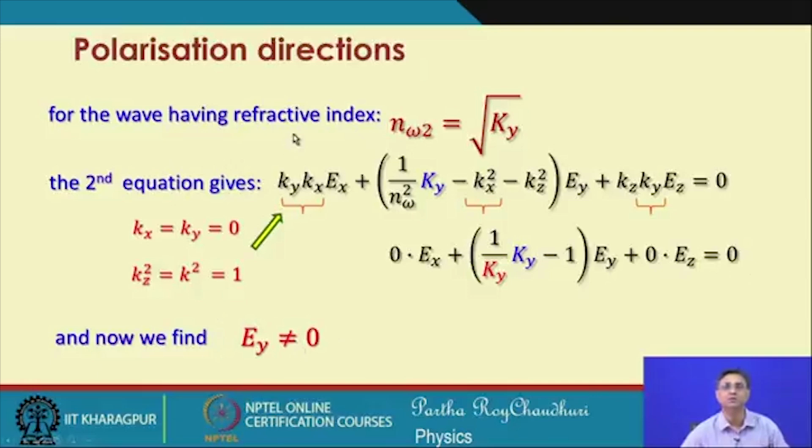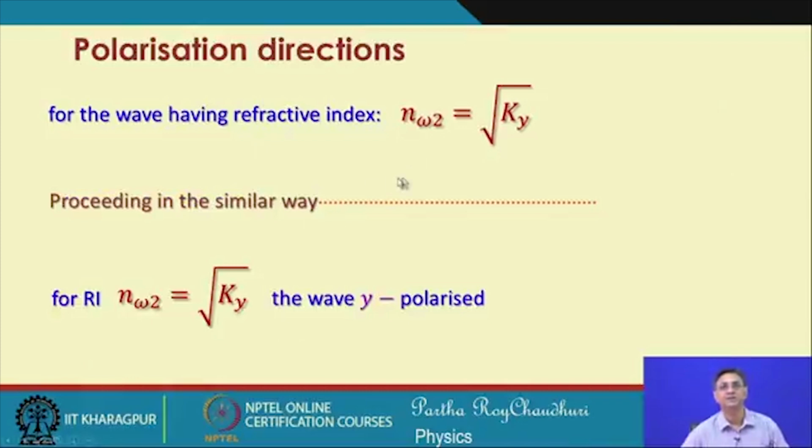We can use the refractive index value in the other two equations, that is equation 1 and equation 2, to identify that in such a situation it is only E y that is not equal to 0, but E x and E z are equal to 0.